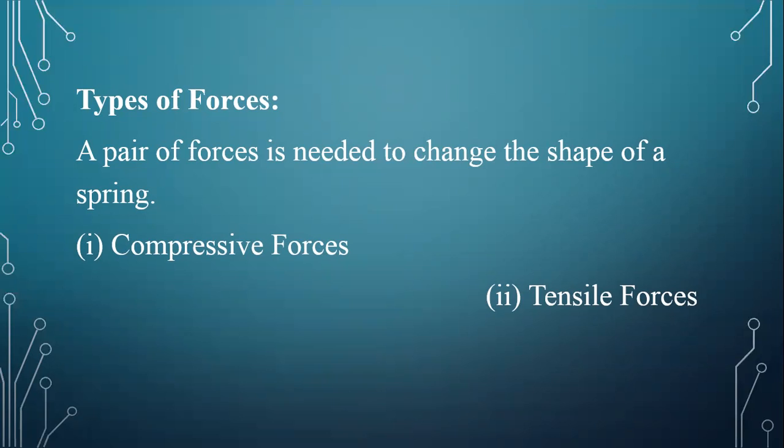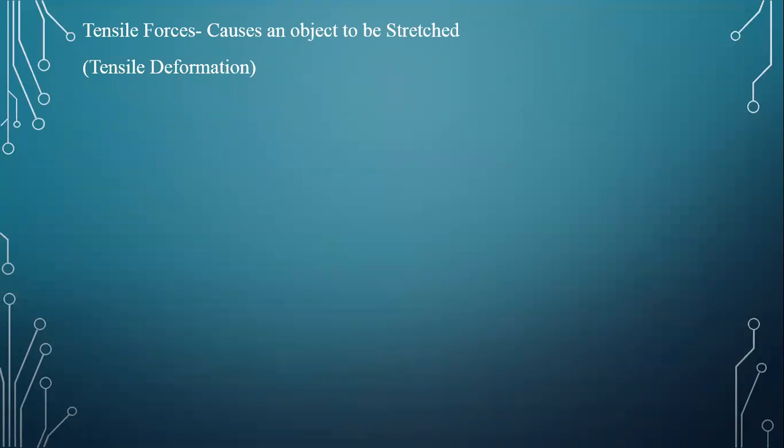Sometimes we apply compressive forces and sometimes we observe tensile forces. For example, tensile forces cause an object to be stretched. कि जब tensile forces exert हो रही होंगी, इसका मतलब कि इससे ऑब्जेक्ट की लेंथ में इजाफा होगा. It causes an object to be stretched.